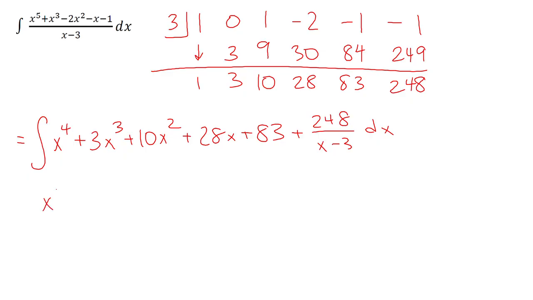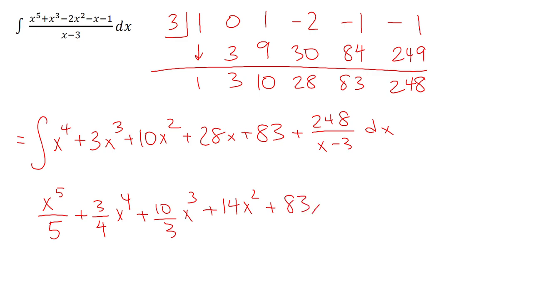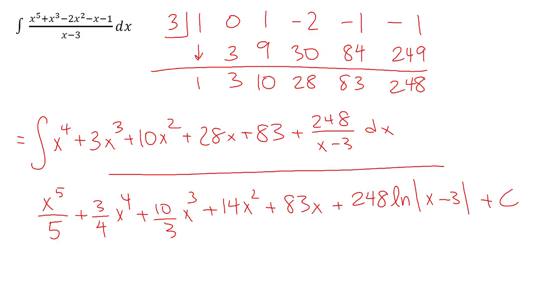And we integrate to get x to the 5th over 5 with the power rule, plus 3/4 x to the 4th, again with the power rule, 10/3 x cubed with the power rule, 14x squared when we divide the 28 by 2, and 83x, and another simple u substitution here, where u is x minus 3 and du is dx. So we just end up with 248 natural log absolute value of x minus 3 plus our constant.